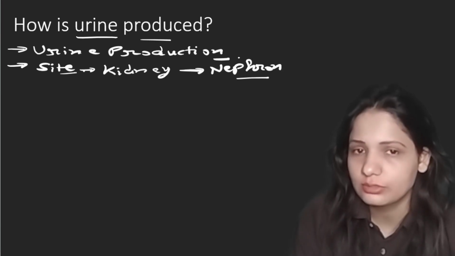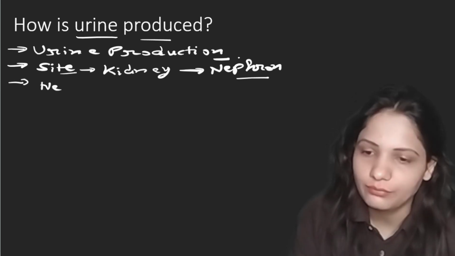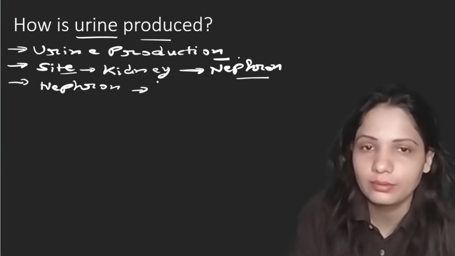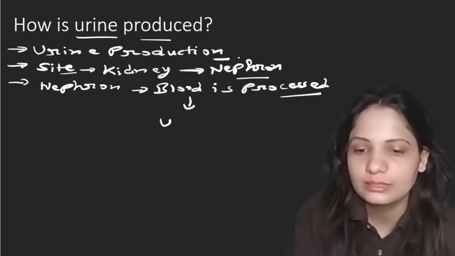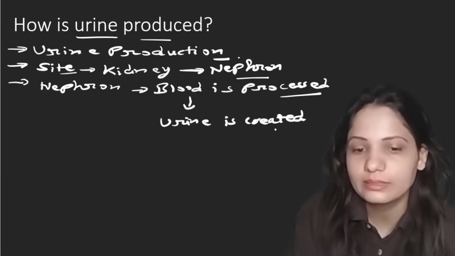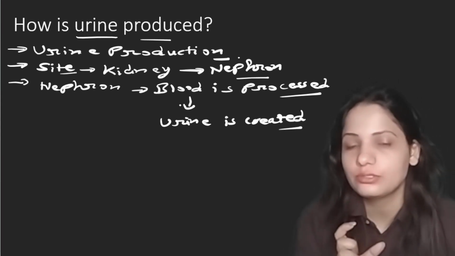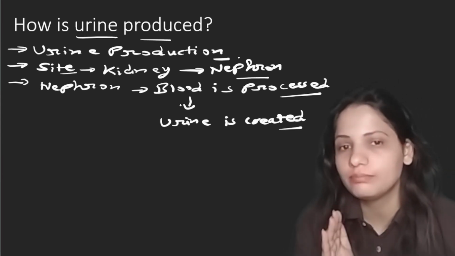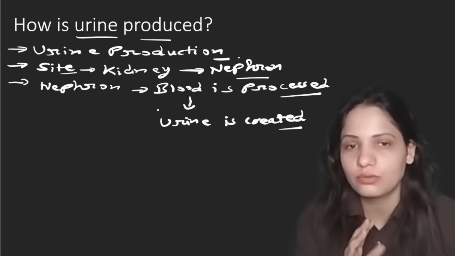Urine is produced inside the nephron, which is present in the kidney. Inside the nephron, blood is processed and then urine is created. Blood is processed inside the nephron and then the end product we have is filtered blood and the filtrate, which is urine. This is the process of urine production.